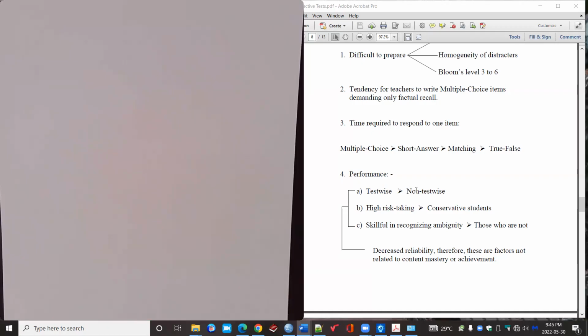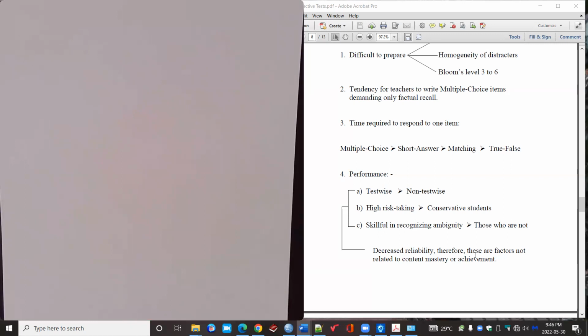However, all these have nothing to do with content matter. Is that right? So therefore, it decreases reliability because the factor is not related to content mastery or achievement.